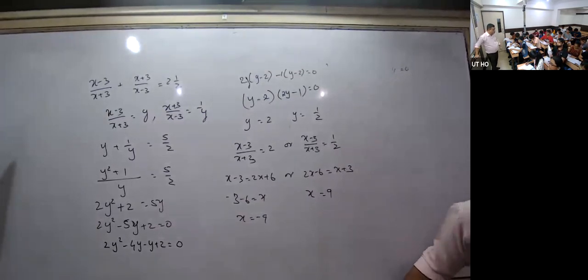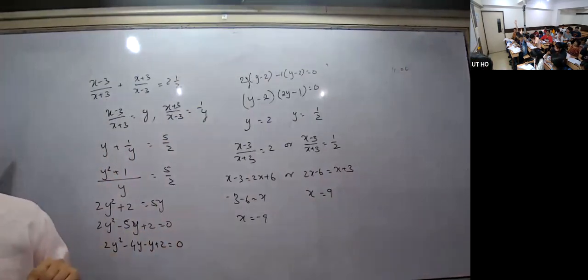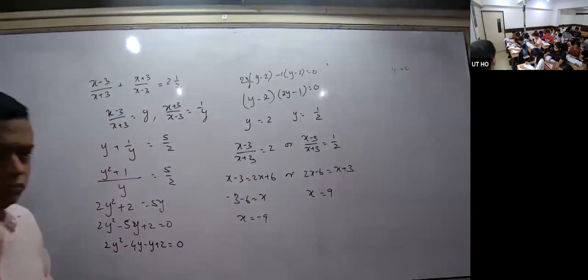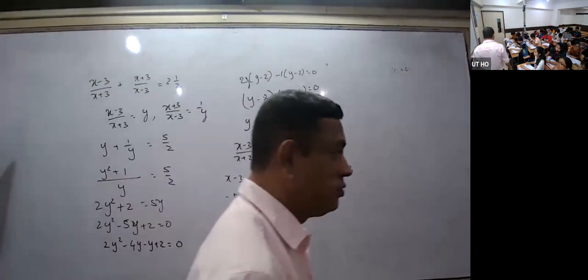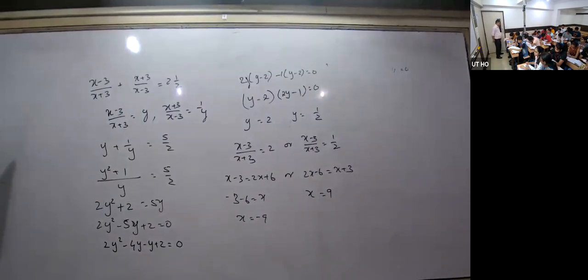Did you get x square minus 81? Good. Again, I am telling you, there are different ways you can do it, not just one method. Review done.